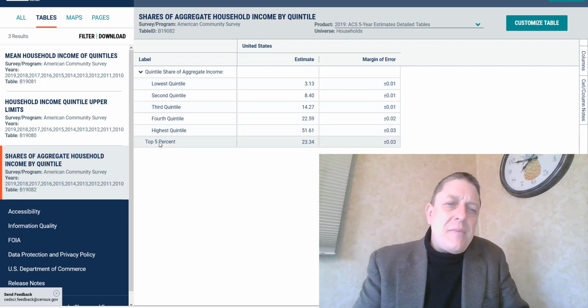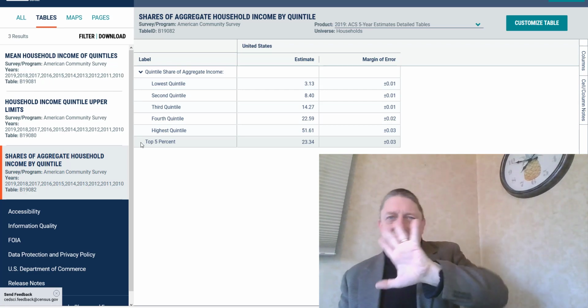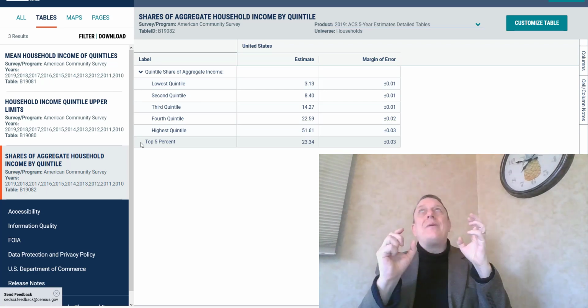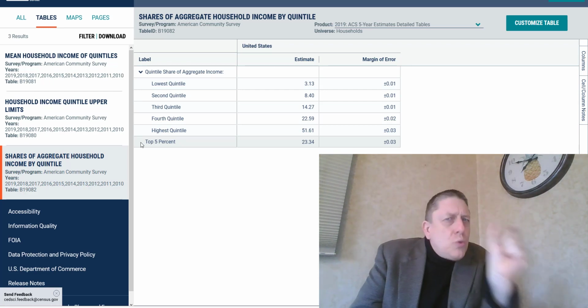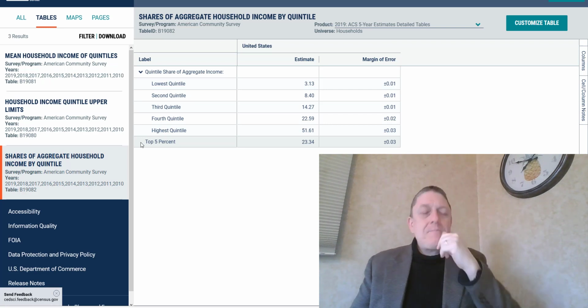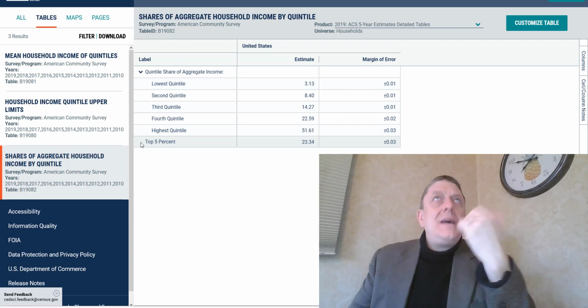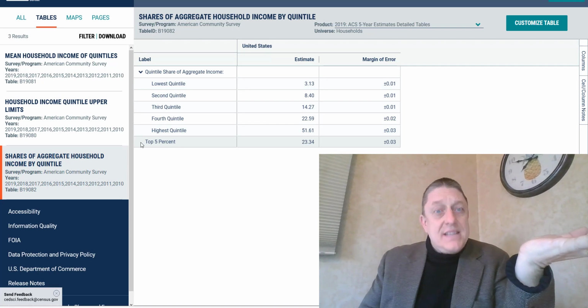Oh, by the way, some of you may be noticing this top 5%, okay? That is taking, what is 5% out of 20%? It's a quarter, the top quarter of the top 20%, okay? And you can think of a world in which everybody had the same income.